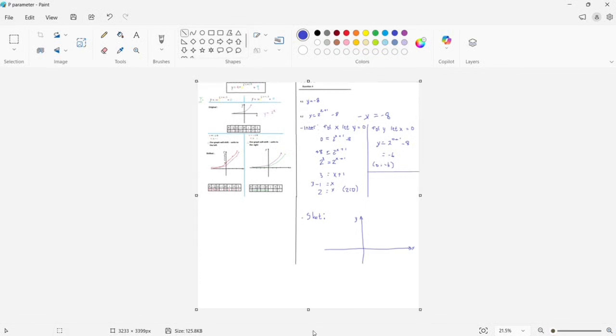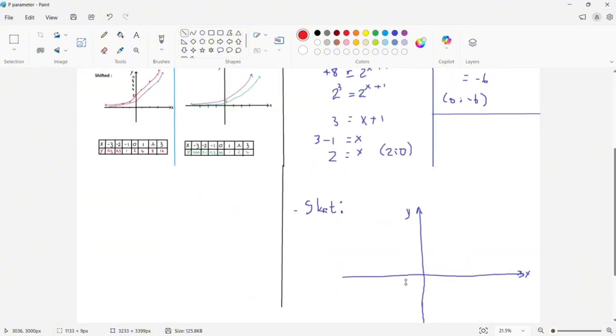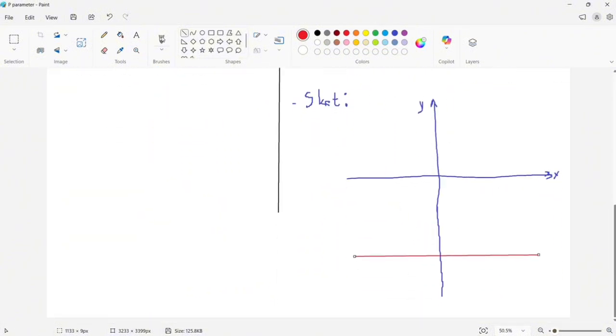So our graph is supposed to be bigger because it's negative 8, isn't it? Okay. There's our asymptote, which is at y is equal to negative 8.